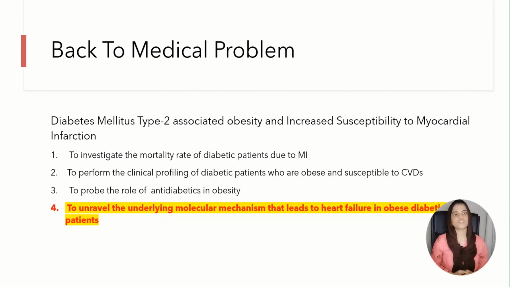The third one is to probe the role of antidiabetics in obesity. So in the defined scenario, the first three objectives are completely doable. The last one I have highlighted is to unravel the underlying molecular mechanism that leads to heart failure in obese diabetic patients.